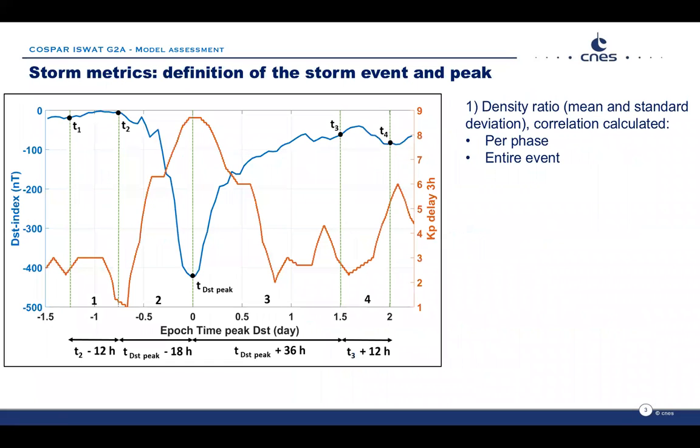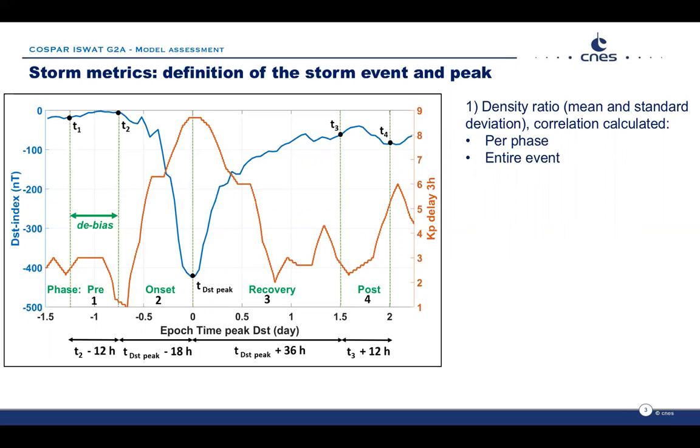So the new metrics and procedure for a storm assessment are as follows. We cut up a storm event into 4 phases: a pre-storm phase, an onset phase, a recovery phase, and a post-storm phase.